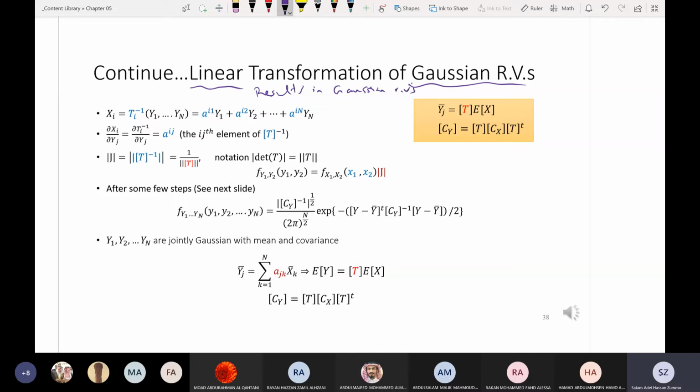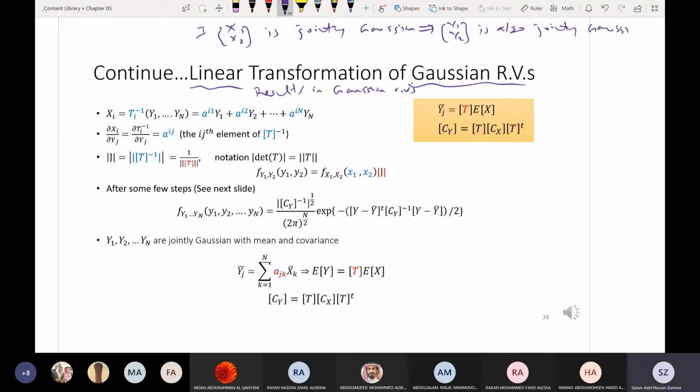So if the vector x, x1, x2, is jointly Gaussian, then y1, y2 is also jointly Gaussian.